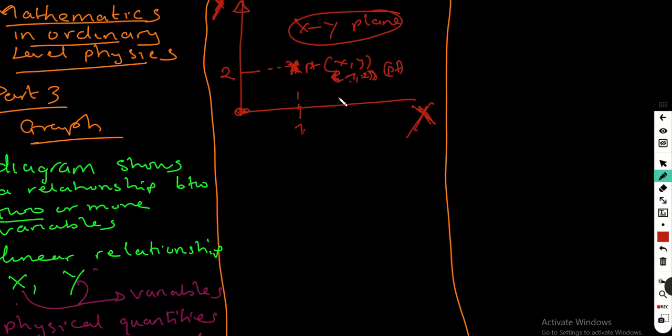Now, how do we plot? The main technicalities as a student in ordinary level, in form 3, form 4, form 5, or grade 8, 9, 10, what you need to know exactly is, first, what am I plotting? Where is the data? What information am I plotting the graph with? Because before you plot, they will give you information. You're plotting numbers. Which one is on the y-axis and which one is on the x-axis?